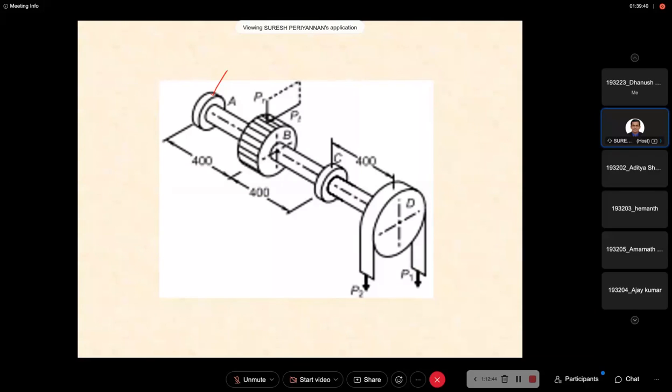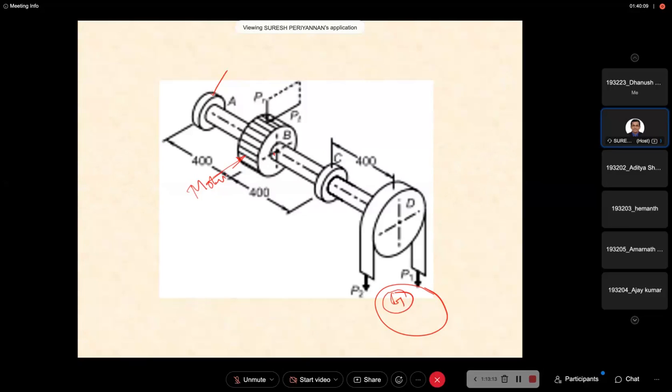For example, this is connected to a motor, and this is connected to a rice mill machine, some machine or generator, through the belt drive. Without a support and shaft, we cannot transmit this power from the motor to this place.